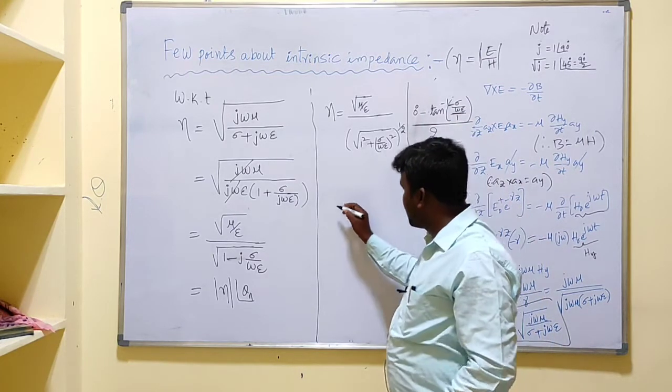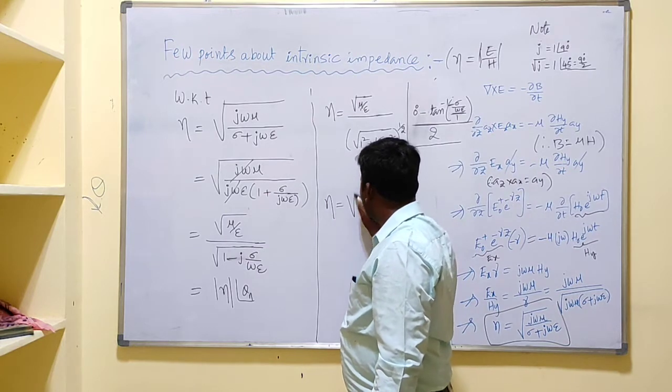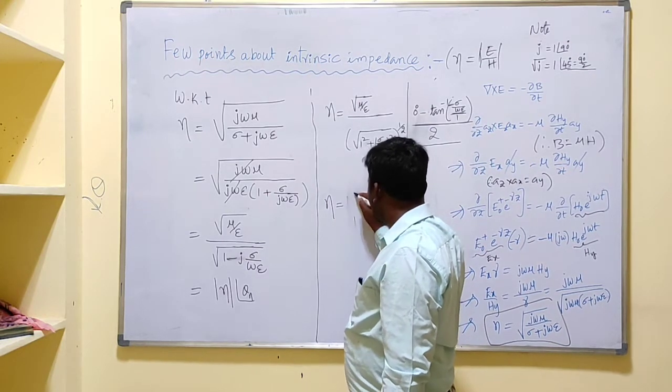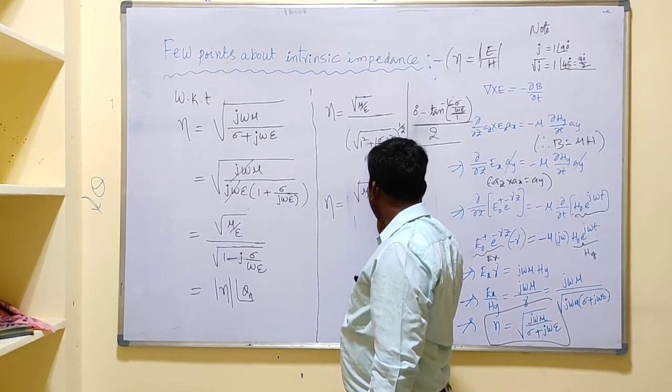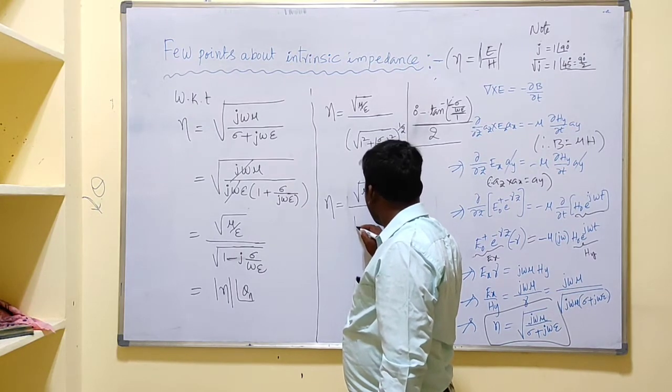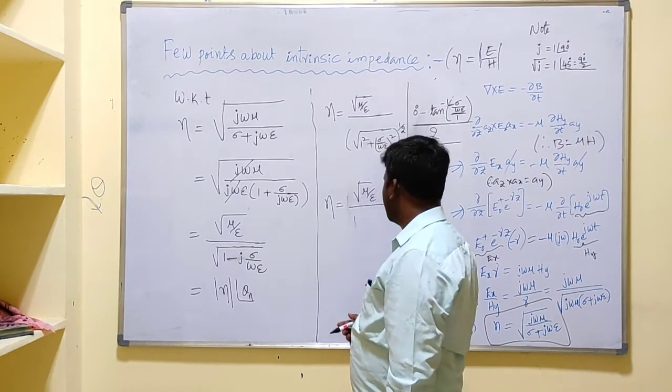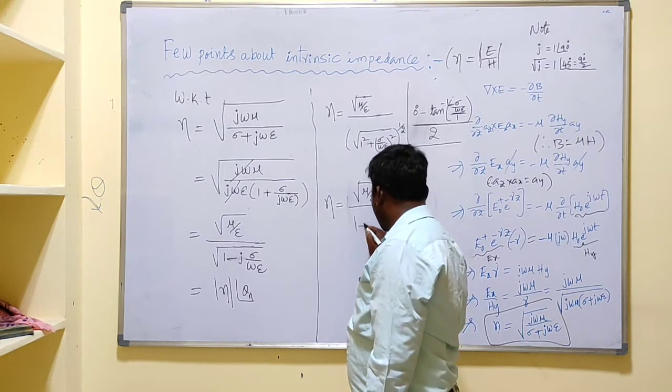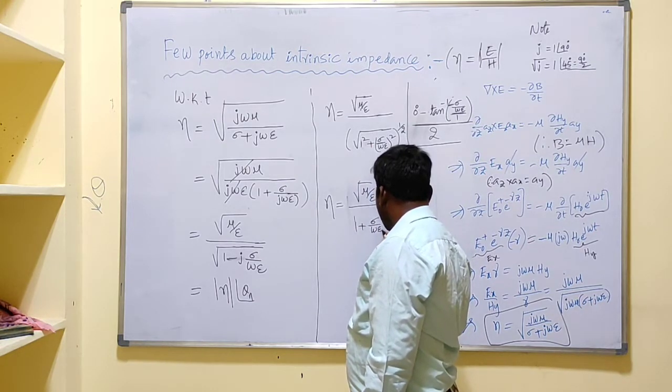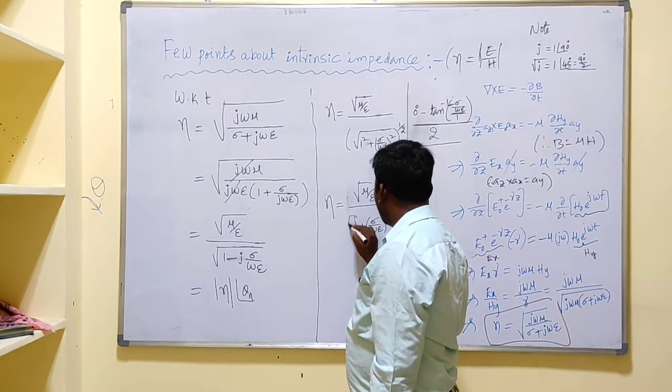So after simplification we will get eta equal to what? That is root mu by epsilon, under root, means whole power 1 by 2, that can be written as 1 by sigma by omega epsilon whole square, whole power 1 by 4.